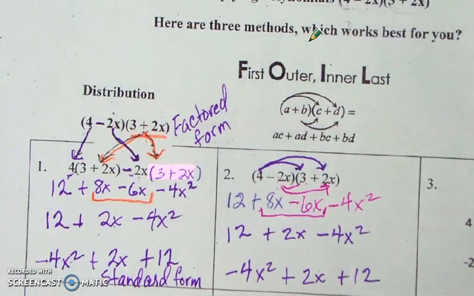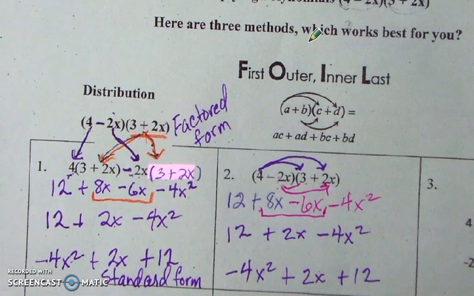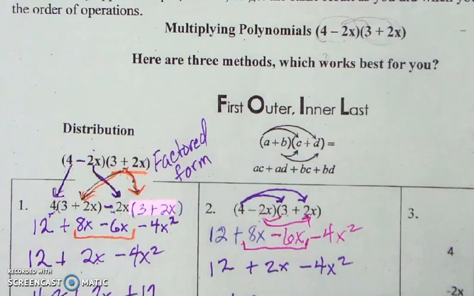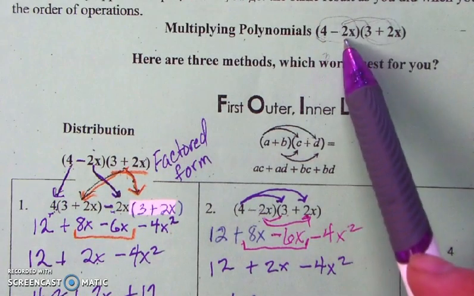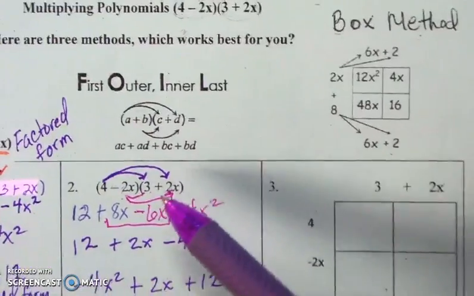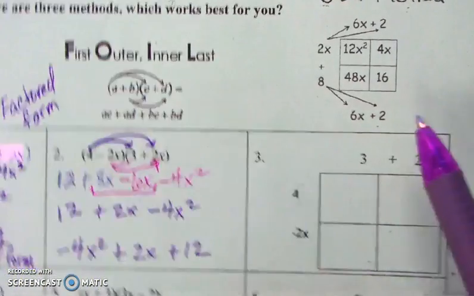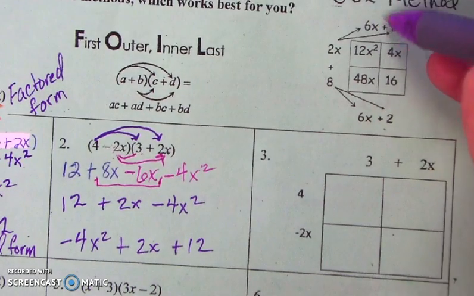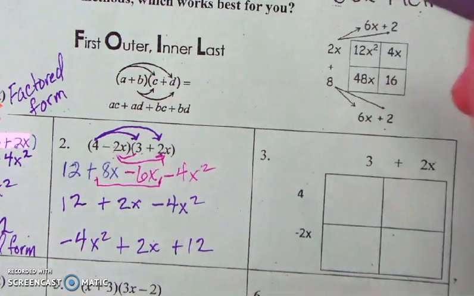Okay, now let's look at the last method. We're still multiplying the same numbers: 4 minus 2x, and then we have the 3 plus 2x. This is called the box method. The box method means it's kind of like a matrix, or if you like, a coordinate grid.